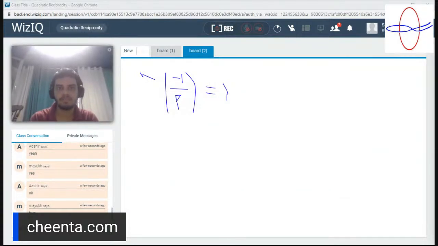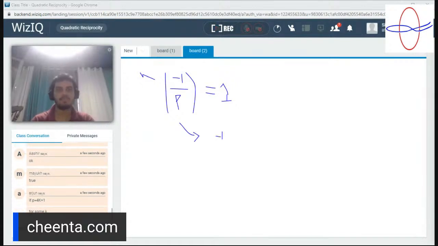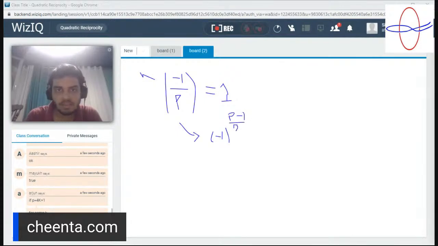So for what values of p would (-1/p) be equal to 1? Just by using Euler's criterion, this is equal to (-1) raised to (p minus 1) by 2. So the answer directly pops out: this is true if p is congruent to 1 mod 4.